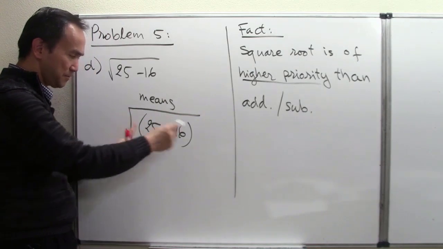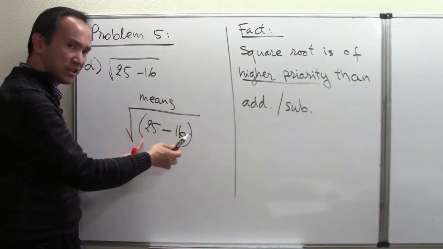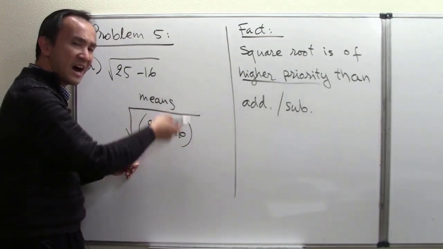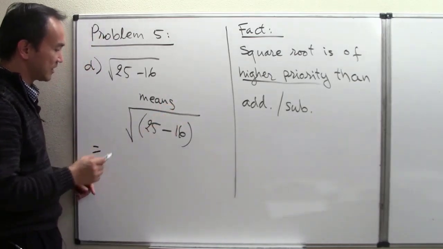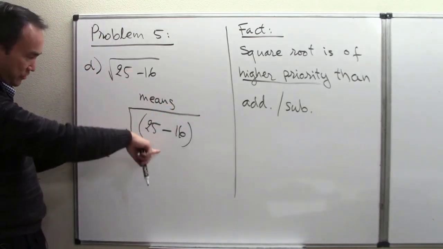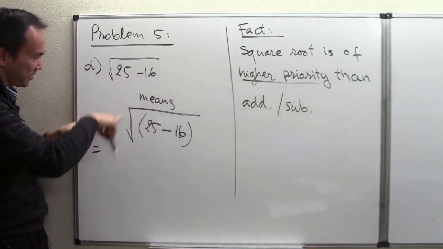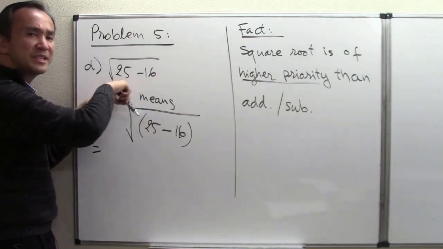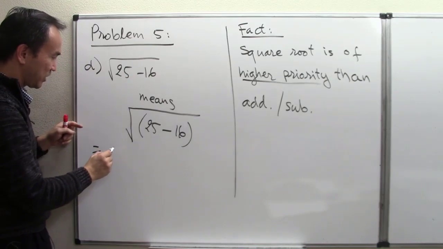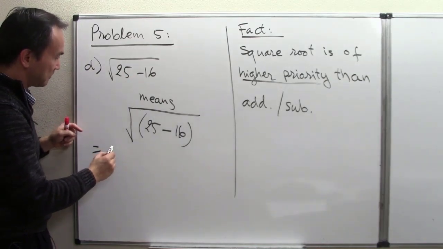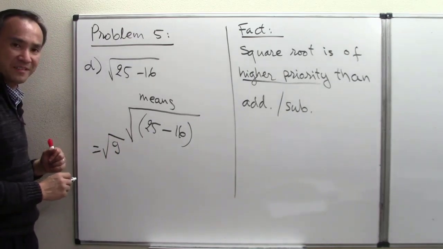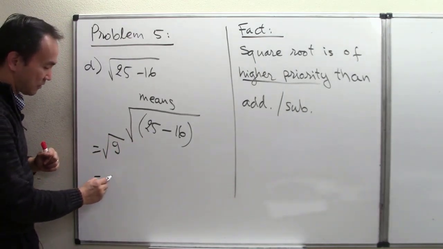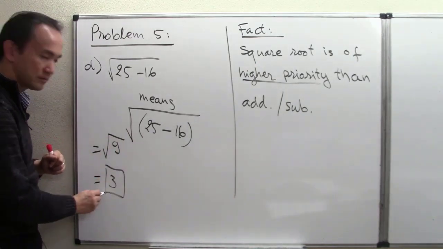So grouping this difference together makes its priority higher than the square root. The actual problem turns out as follows: 25 minus 16 has to be done first. 25 minus 16 gives me 9, and then I take the square root of 9. The final answer comes out 3.